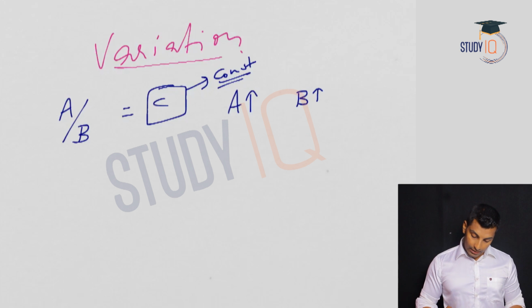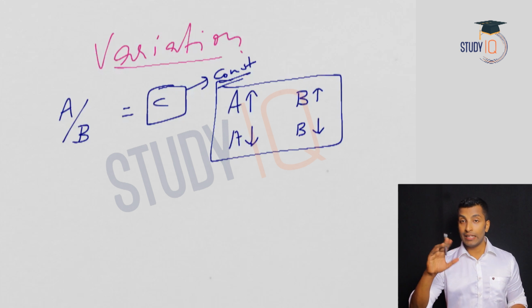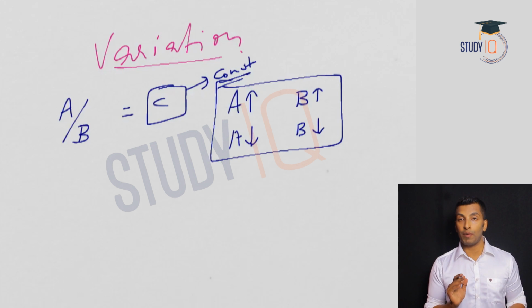Similarly, if A decreases, B will have to decrease. So if there is a change in A, there will be a change in B. If there is an increase in A, there will be an increase in B. If there is a decrease in A, there will be a decrease in B, based on the same proportion. And this situation is what we call direct proportion.